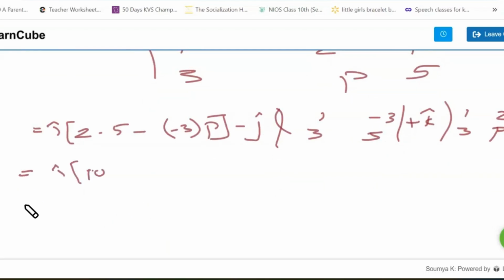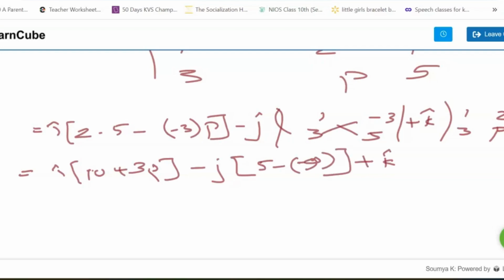10 plus 3p, minus j, 5 into 5 minus 9, plus k. For k you will have this p minus 3 into 2, 6.